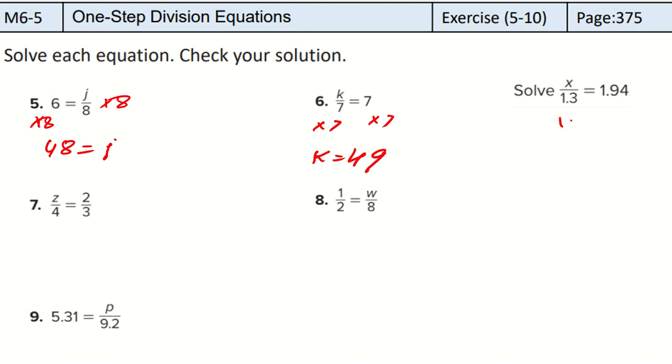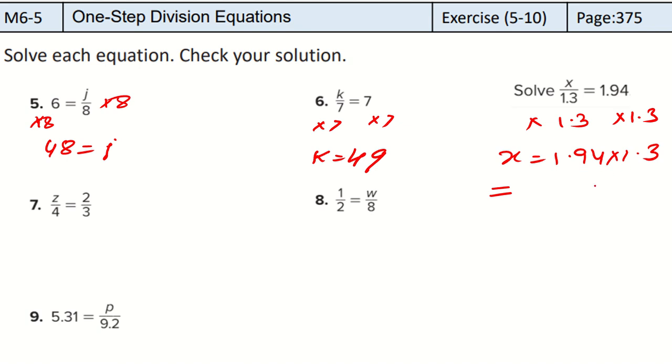Here multiply by 1.3. So this is x is equal to 1.94 multiply 1.3. So what you can do here, you just have to multiply these numbers. If you remember the table of 13, then it's very good for you. Okay.